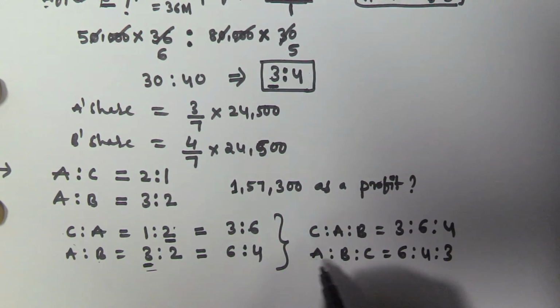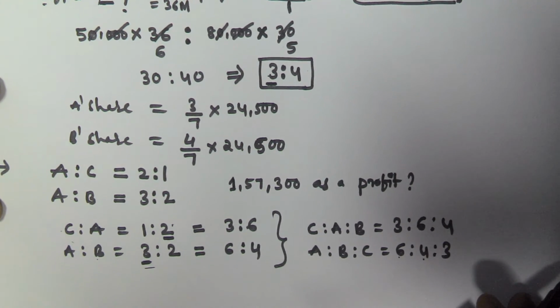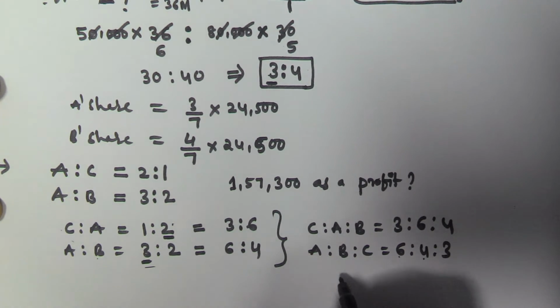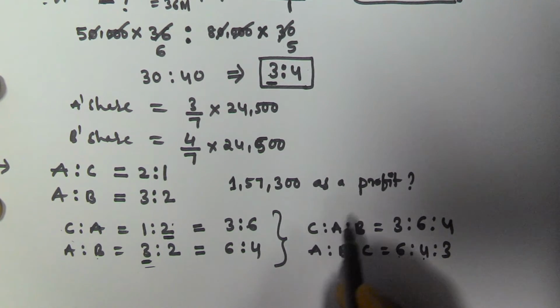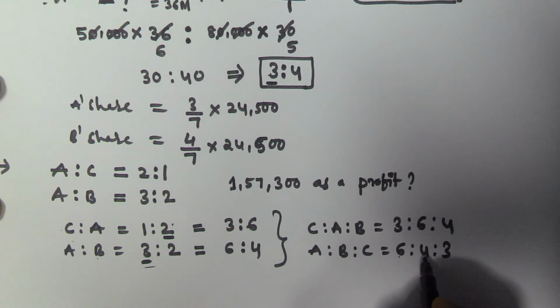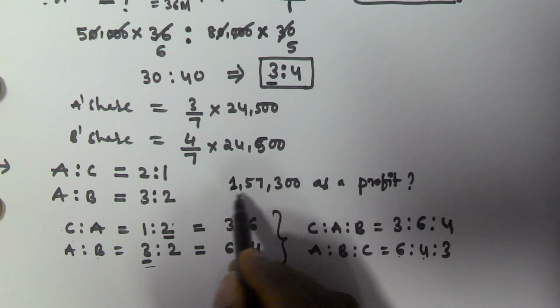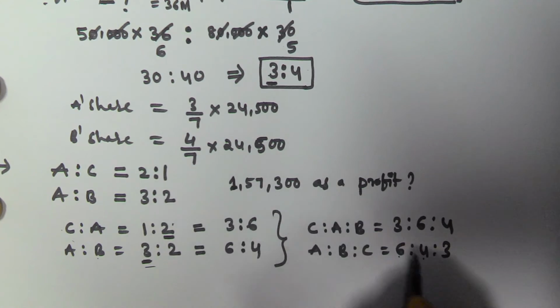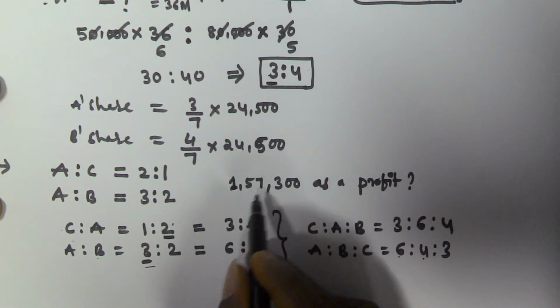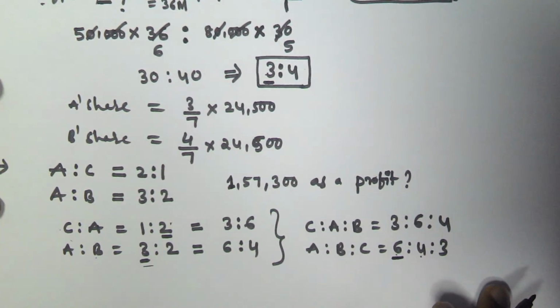That means the profits are shared between them in the ratio 6 ratio 4 ratio 3. So we have to find the profit share of A, B and C. 6 plus 4 is 10, 10 plus 3 is 13. So now we divide whatever profit they got into 13 parts. Out of 13 parts A got 6.